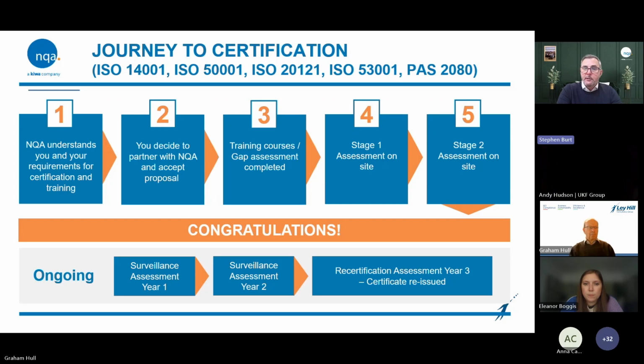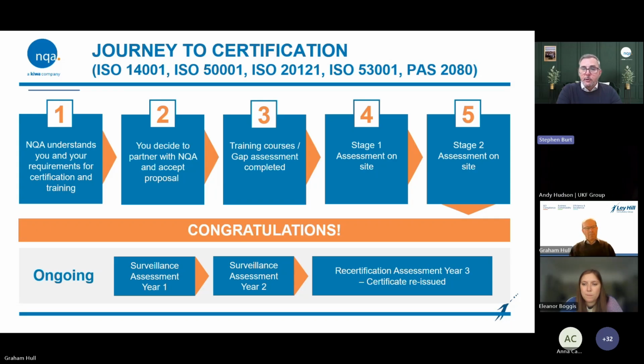A stage 1 assessment is a kind of short duration audit. It is really about making sure that the arrangements that you have in place are in conformance with the requirements of the ISO standard, but also able to control the environmental aspects and impacts, for example, the compliance obligations that your particular organisation is going to be subject to.